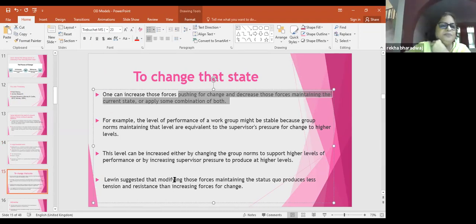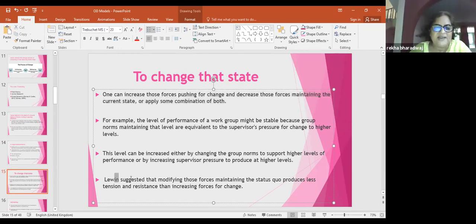For example, the level of performance of a work group might be stable because group norms maintaining that level are equivalent to the supervisor's pressure for change to a higher level. This level can be increased either by changing the group norms to support higher levels of performance, or by increasing supervisor pressure to produce at higher levels.